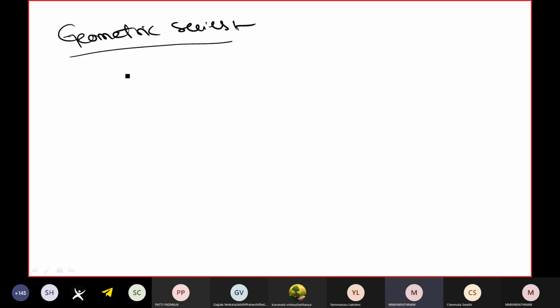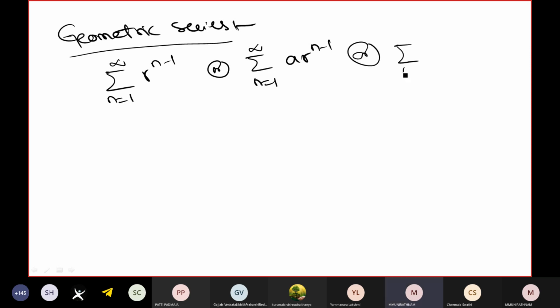Next amma raskunara. Next, geometric series. So suppose the series is in the form of summation n equal to 1 to infinity a r power n minus 1, or summation n equal to 0 to infinity a r power n.